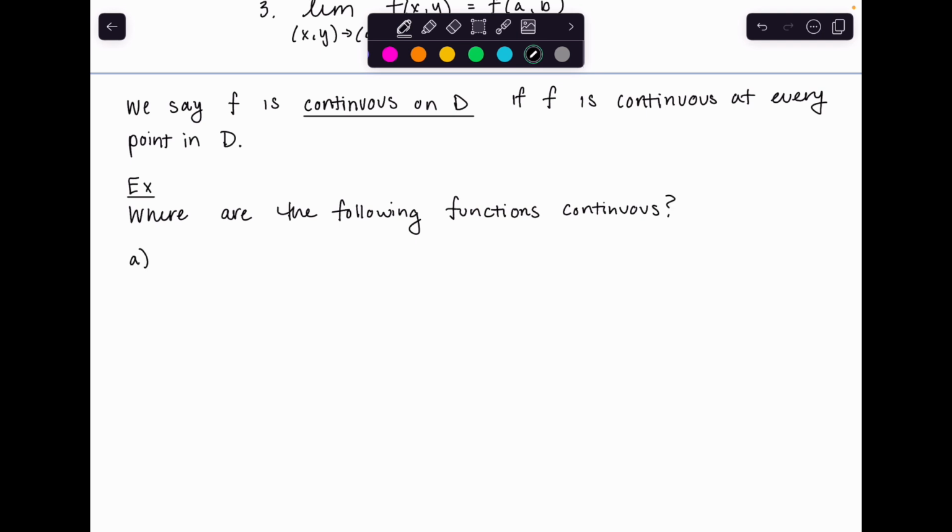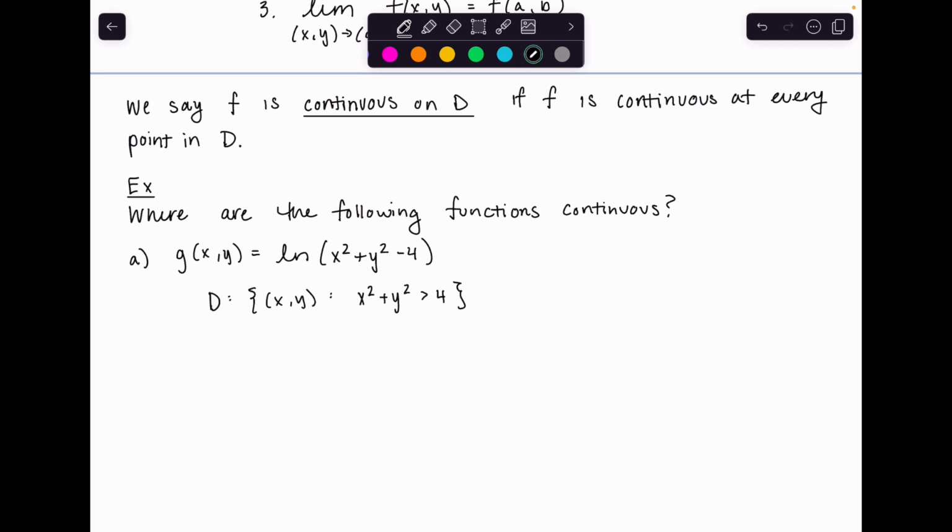First one we're going to start with, we'll call this one G. It is the natural log of x squared plus y squared minus 4. So if you think about the domain of this thing, it is all x and y values as long as the thing inside is greater than 0, that's the same thing as saying x squared plus y squared is greater than 4.